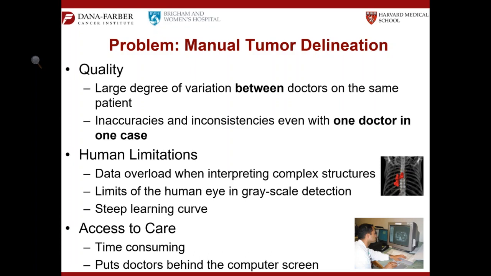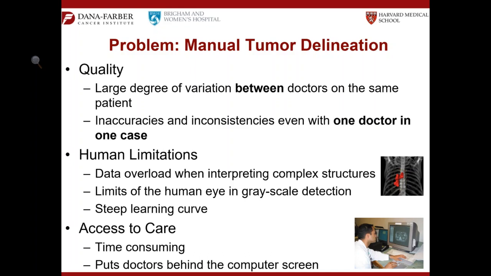That's purely a product of our human limitations, in the sense that when we're trying to interpret these very complex three-dimensional structures, there's certainly some amount of data overload, and being able to track every single last corner, every single last piece of the tumor.